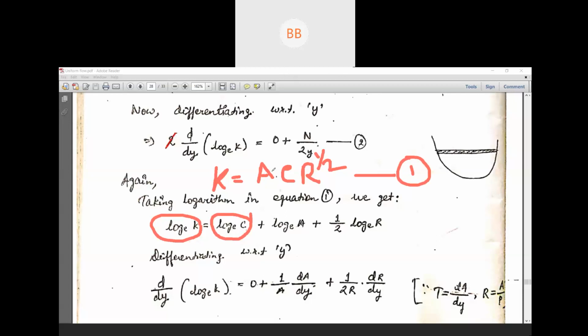Then we have area. It is multiplied, which is why if you take log, it will be addition. So log e A. And the last term we have r to the power half, so half will be here and then log e r.